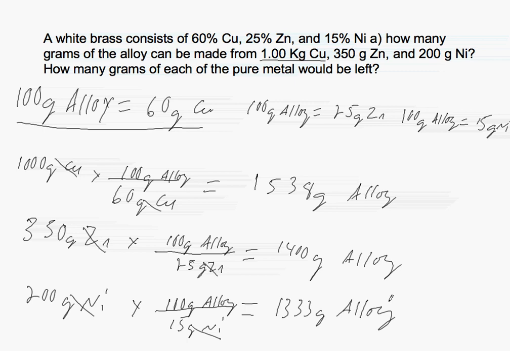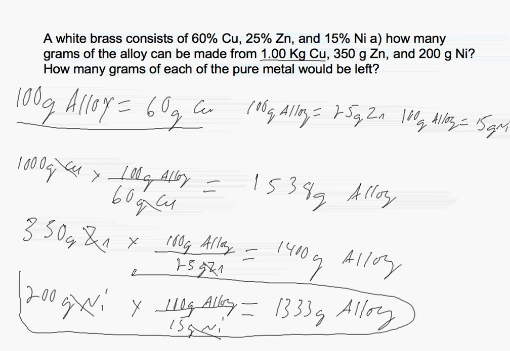So this information tells us that the nickel is the limiting reagent. It produces the least amount of the alloy. So this has to be our limiting reagent.